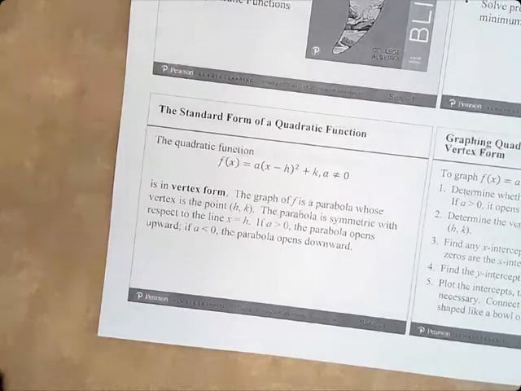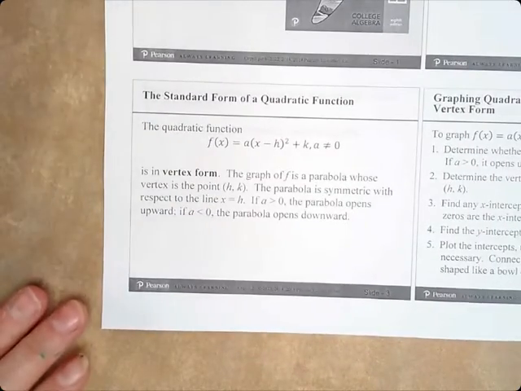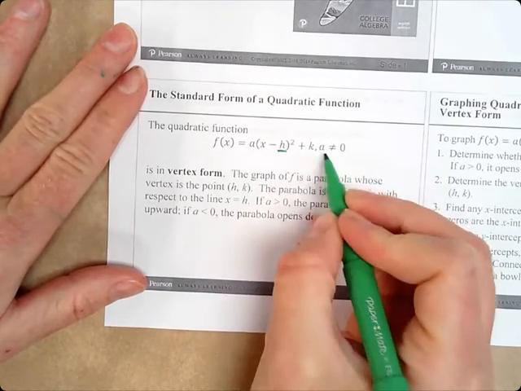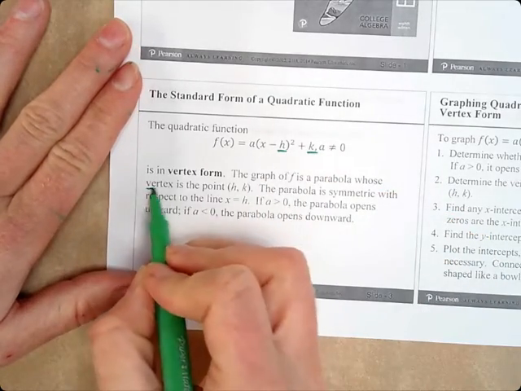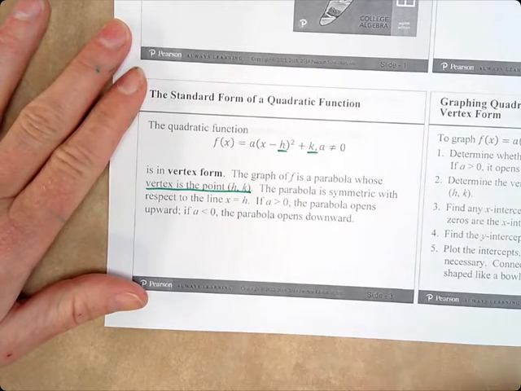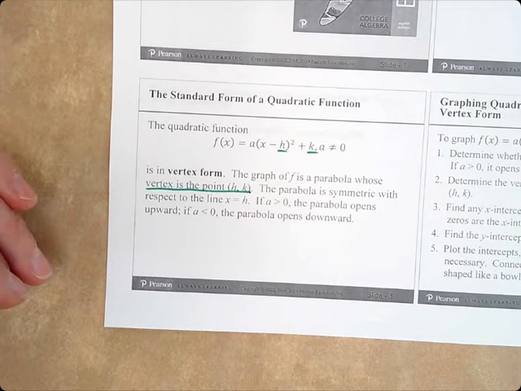So on slide 3, we have the vertex form. A reminder that H and K are your vertex. So HK is your vertex. That'll be where the parabola turns, changes direction.